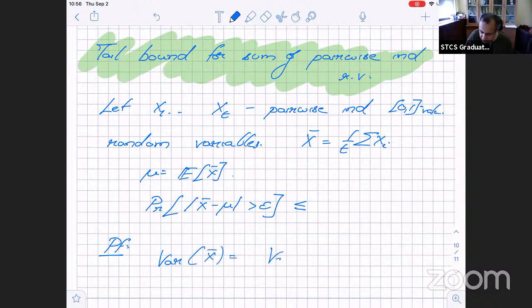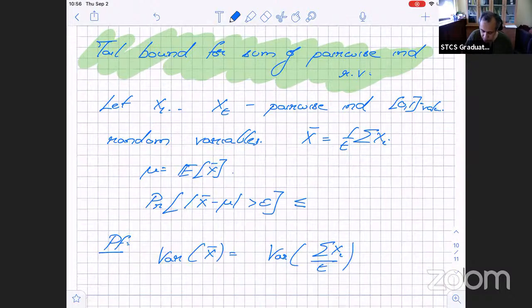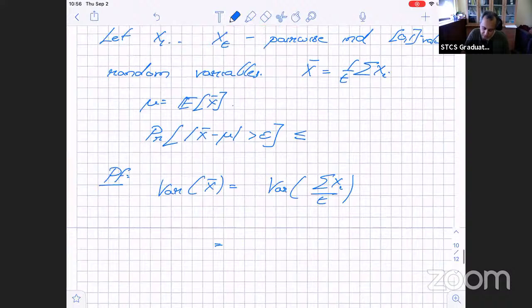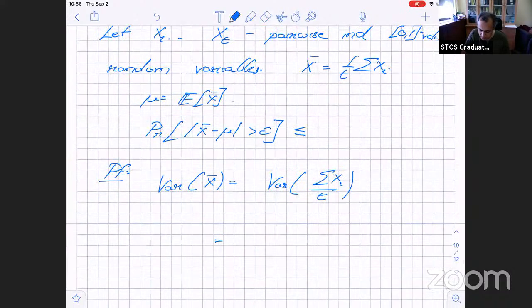The variance of x bar is the variance of the summation of xi over t. Let's just open this out.